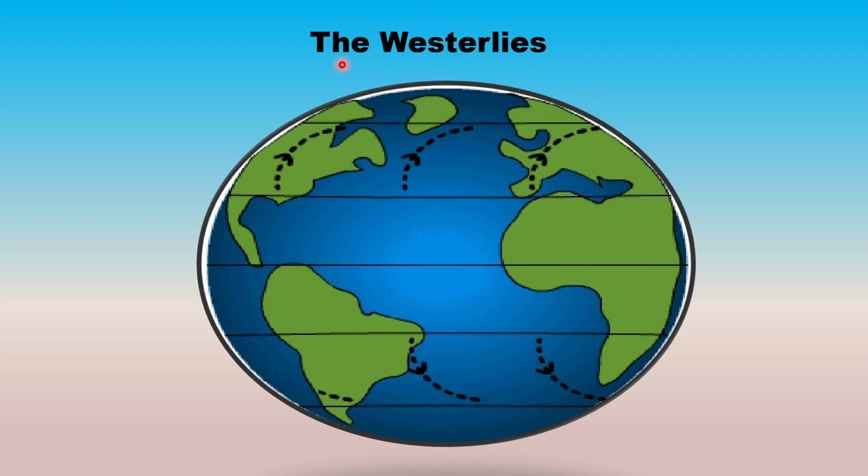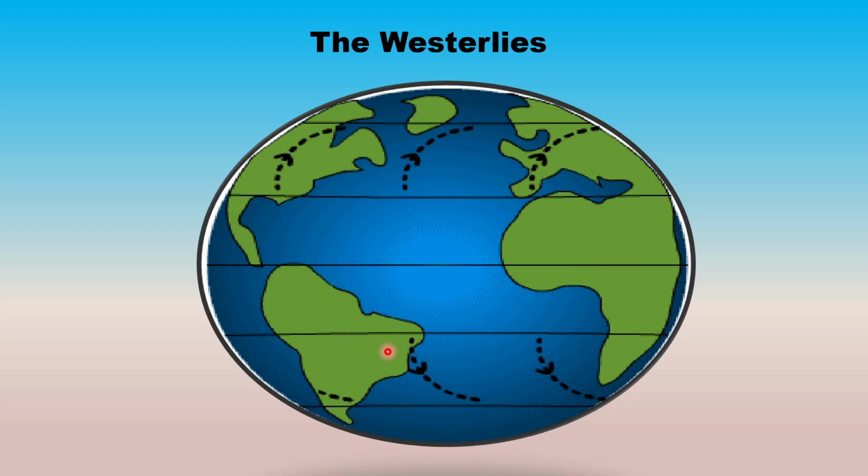Next we come to the Westerlies. The Westerlies are also known as the anti-trades. They blow from the subtropical high pressure belt to the subpolar low pressure belts on both the hemispheres. In the northern hemisphere, they blow from southwest to northeast, and in the southern hemisphere, they blow from northwest to southeast.